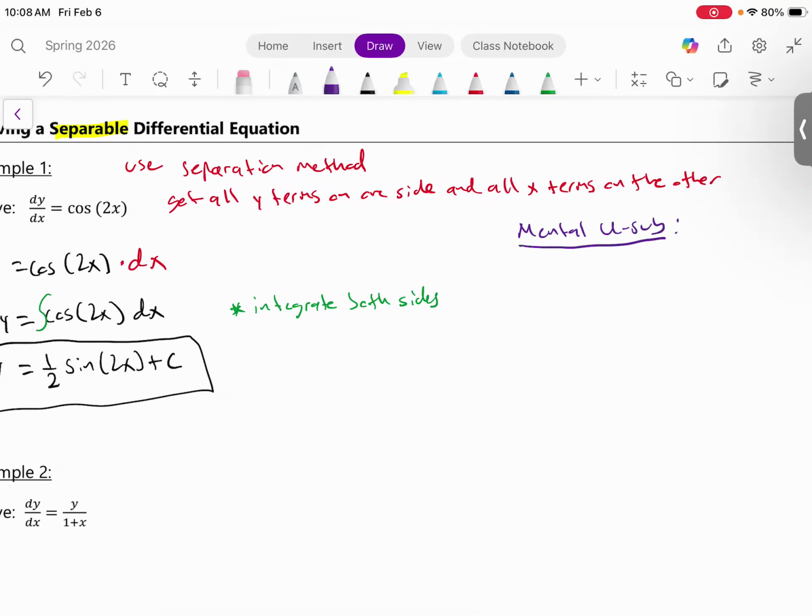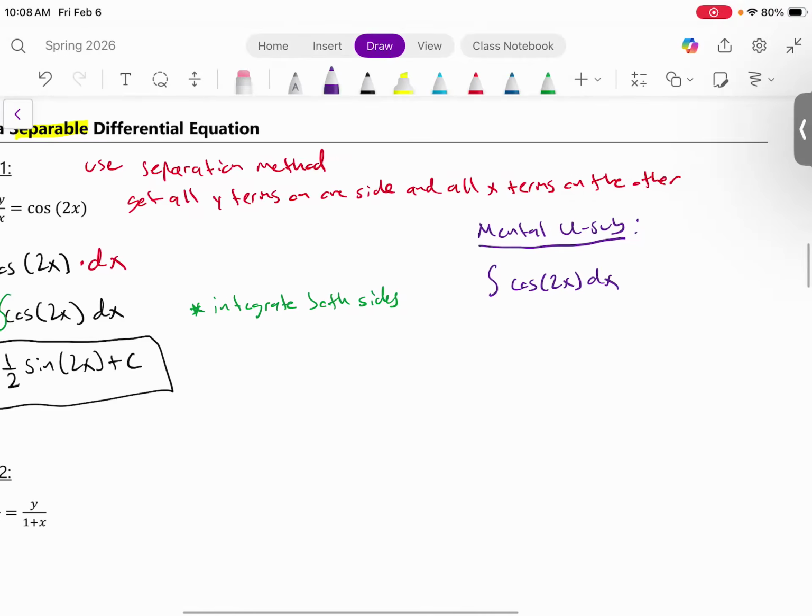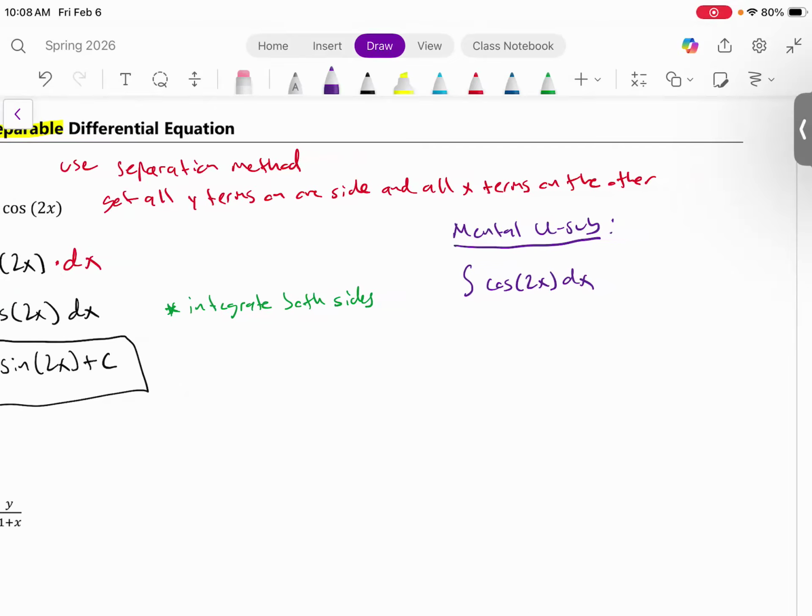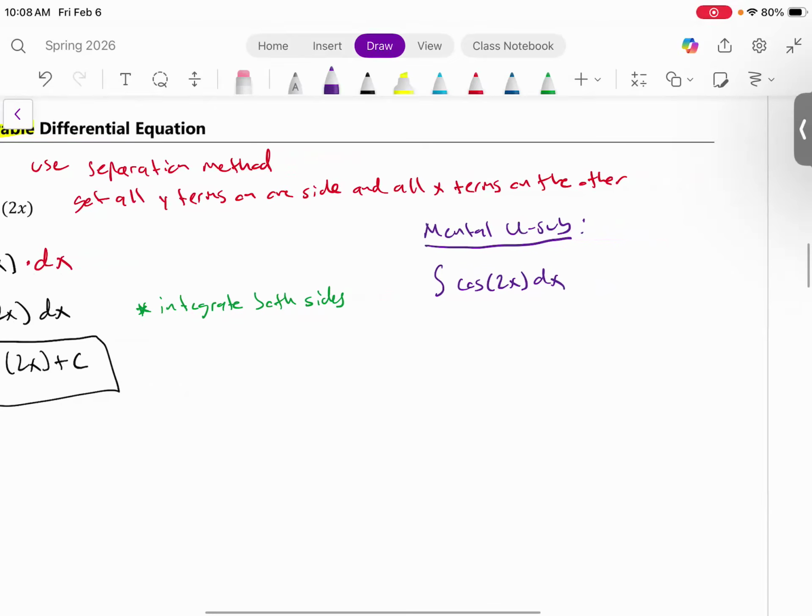Say I want to integrate cosine of 2x dx. I like to think of it as a mental u-sub because we can do it rather quickly in our head, but here I want to show you the actual way we do it. u would be 2x, du would be 2 dx. We isolate the dx, moving the 2 over to both sides.